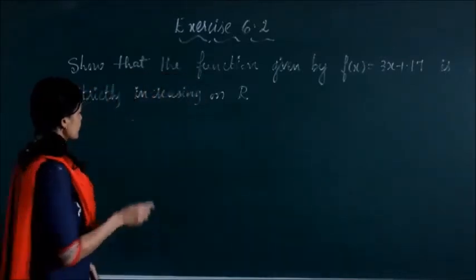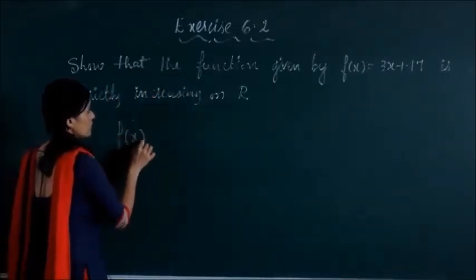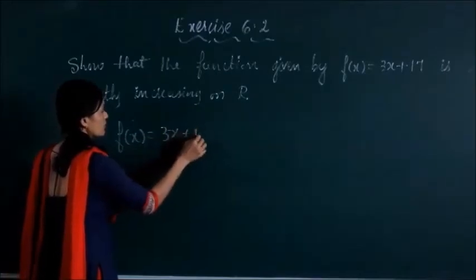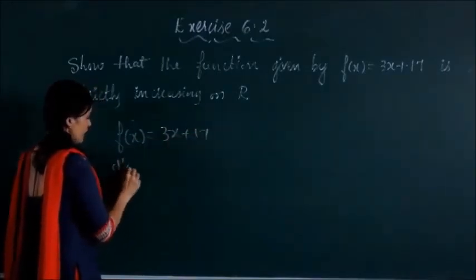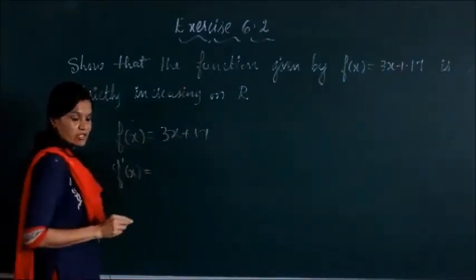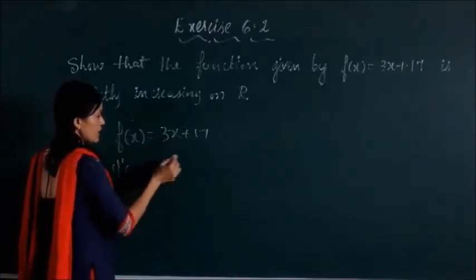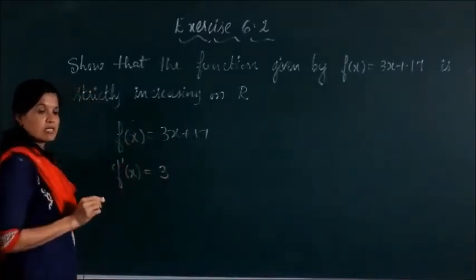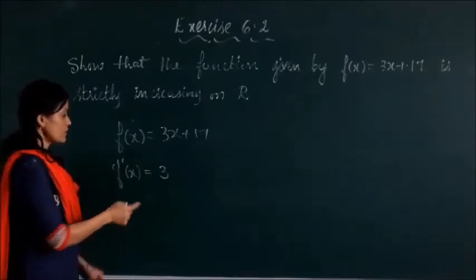So here f of x is given. I will find out f dash of x. What is f dash of x? The derivative of 3x is 3, and the derivative of 17 is 0. So f dash of x is 3.